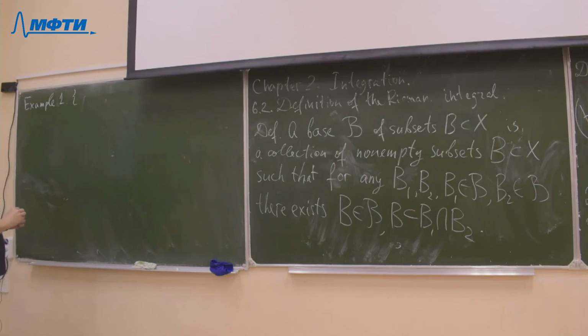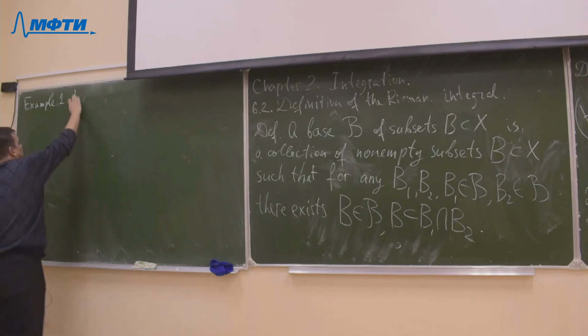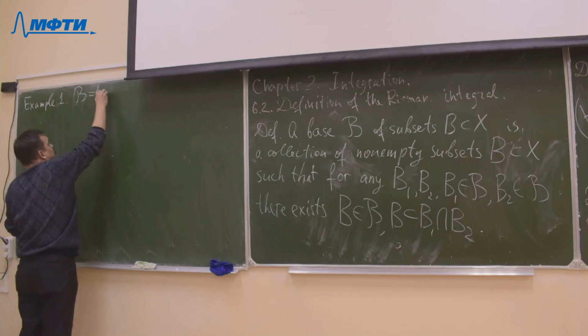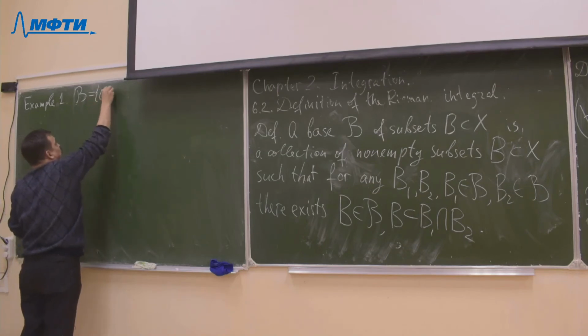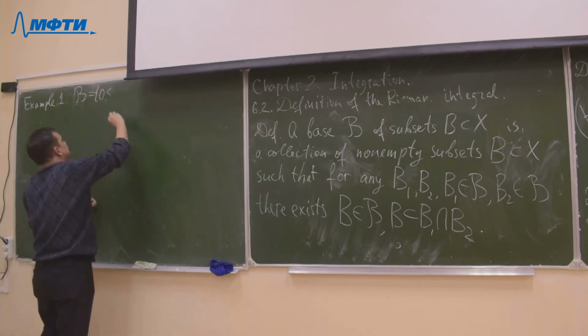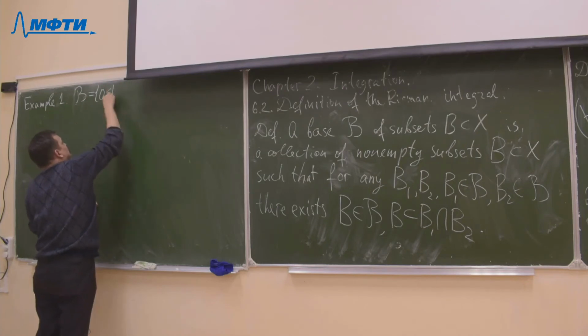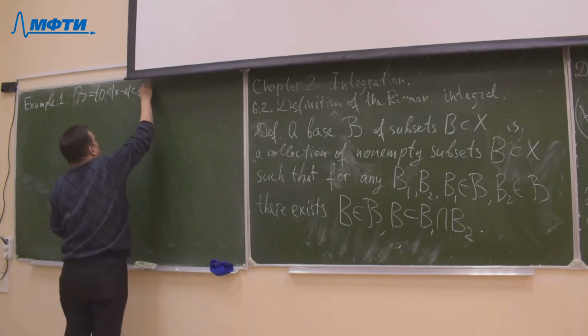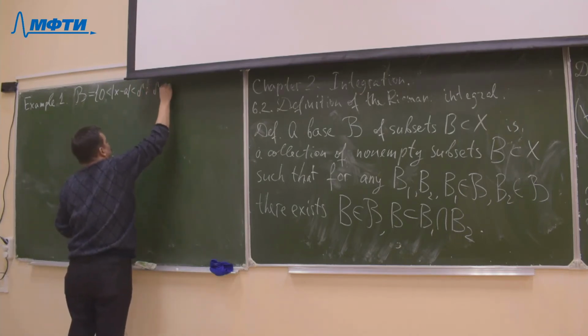B is the collection of punctured neighborhoods 0 less than |x minus a| less than delta for all delta positive.